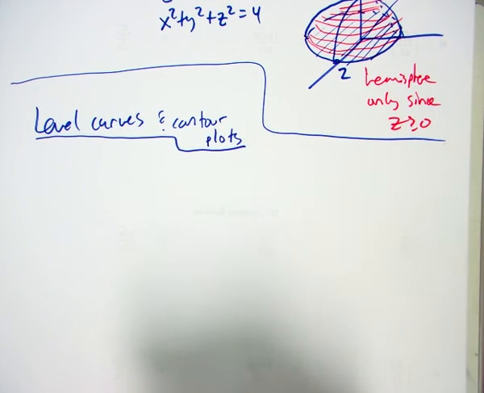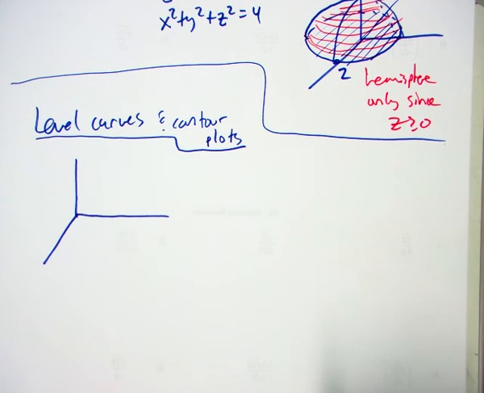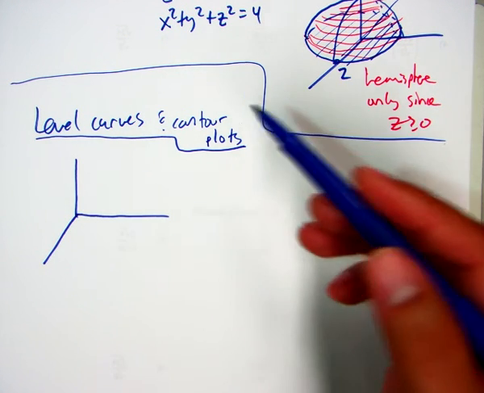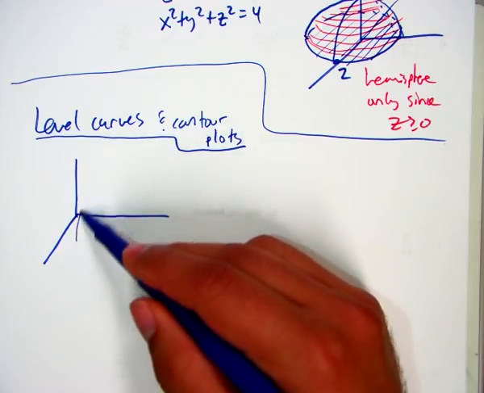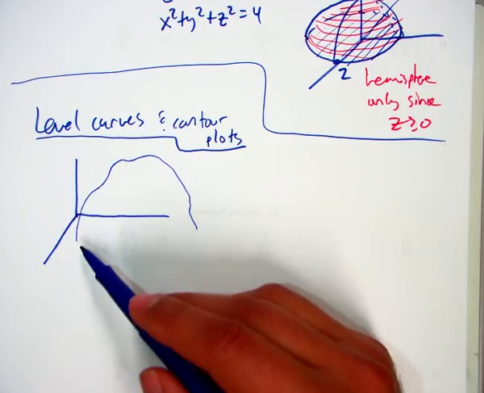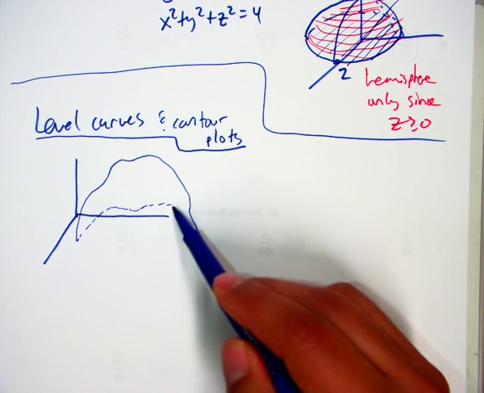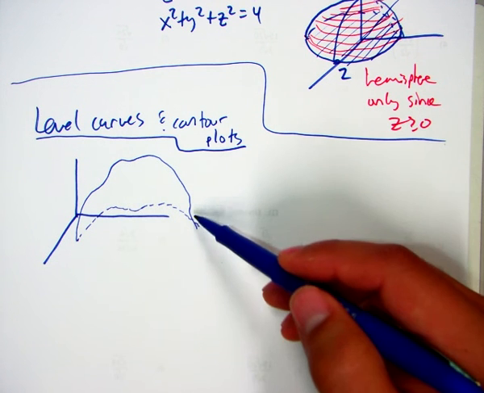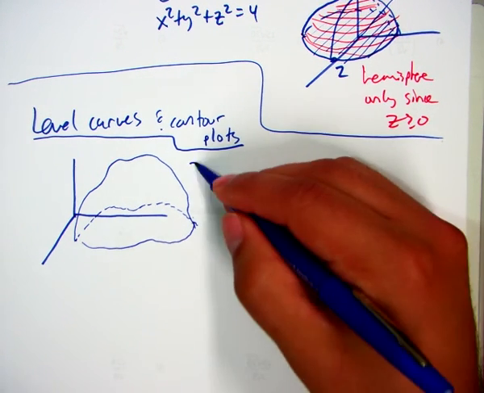So let's say we have some surface z equals f of x, y.